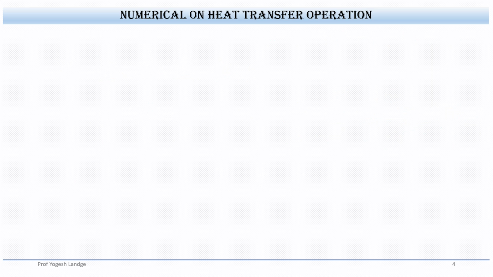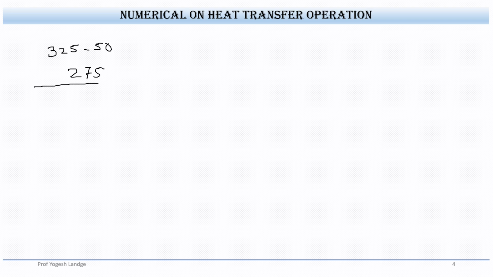For the simplification, we write 325 minus 50. Sorry, directly I just write it, that is 275.